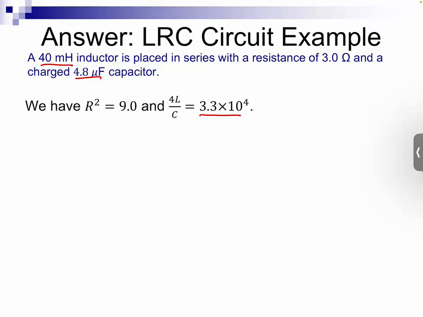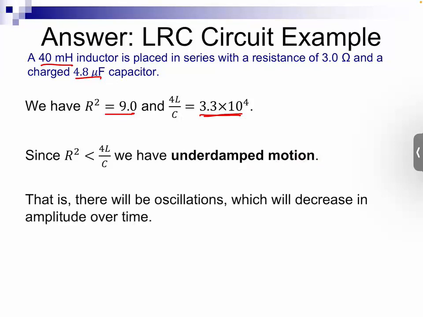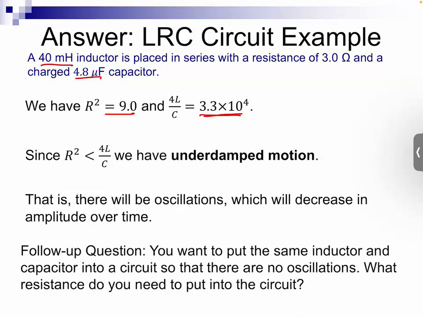All you have to do is compare this 4L over C to the R squared value. R squared is less than 4L over C, and that satisfies the underdamped motion. So there is some oscillation that will happen, and that will decrease in amplitude over time as energy is being dissipated by the resistor.